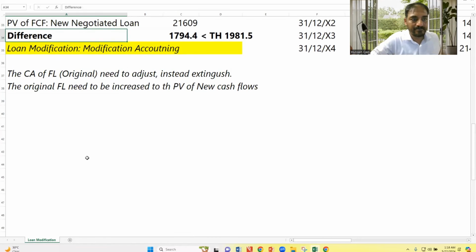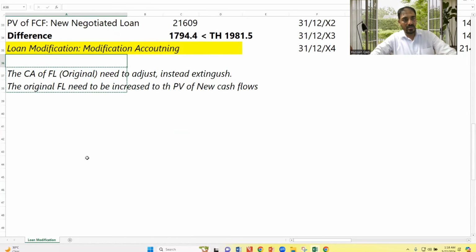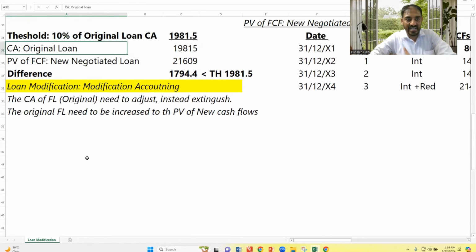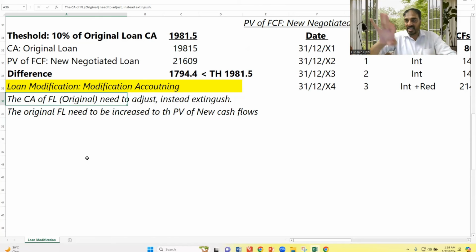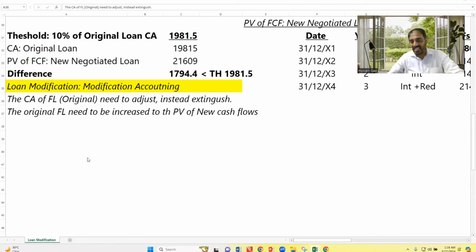What will be the accounting? The carrying amount of the original financial liability needs to be adjusted, instead of extinguished. Here, we do not de-recognize the previous financial liability and do not recognize the new financial liability. Instead, an adjustment needs to be made to the existing or original financial liability.